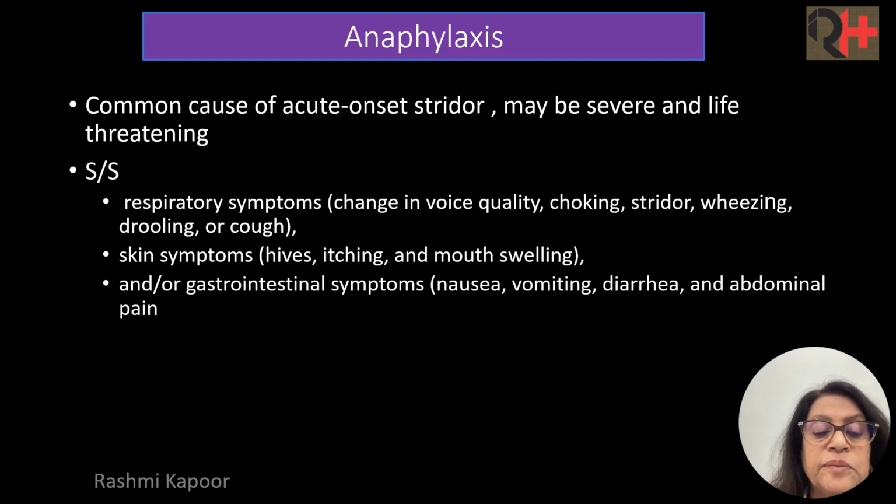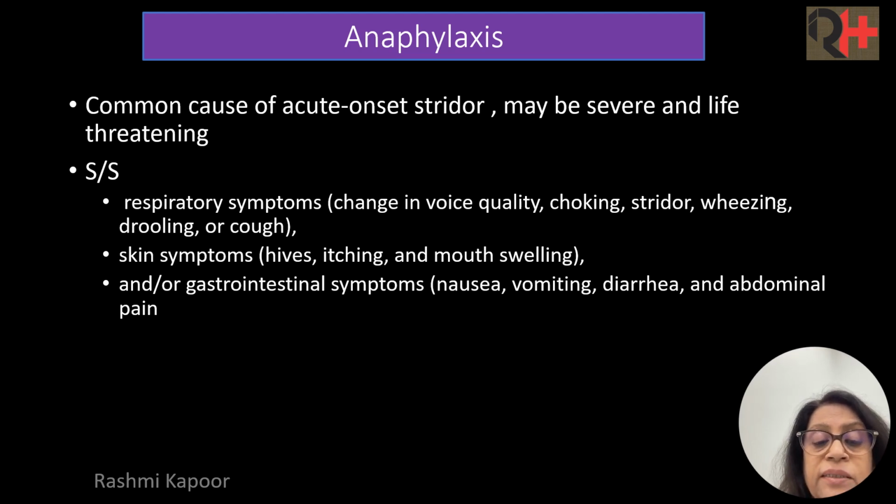The signs and symptoms are respiratory. In an infant, you have to be very careful in diagnosing anaphylaxis, because you may not find all the signs and symptoms and history. So there will be respiratory distress, change in voice quality, choking, stridor, wheezing, drooling, or cough.